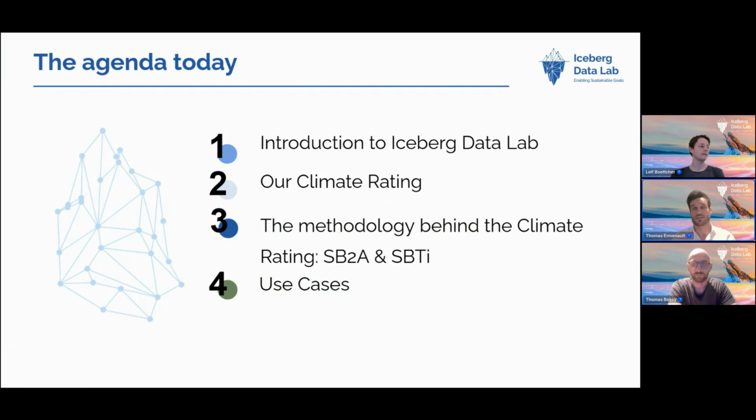But what we have noticed with time is that some financial institutions were coming to us to have some more granular data, to be more precise in their reduction targets or in assessing the impact in terms of temperature alignment of their portfolio. And that's why we developed that tool.